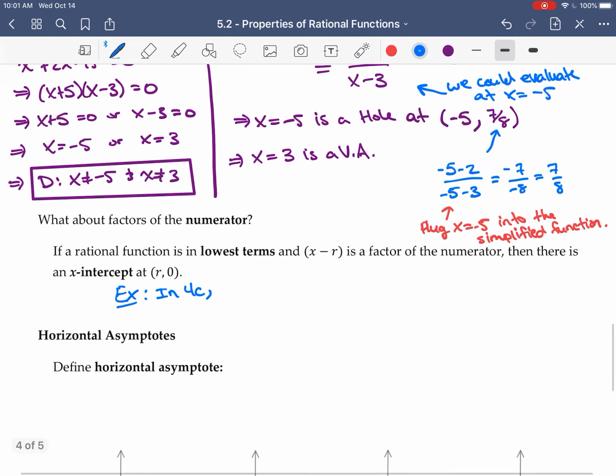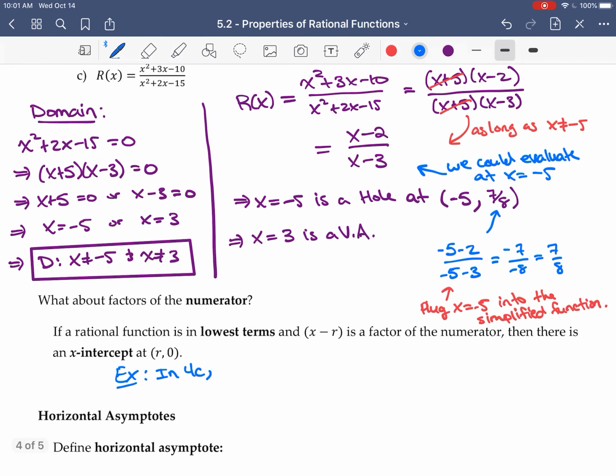Part C, okay, the simplified form is (x - 2)/(x - 3). So that means there's going to be an x-intercept at (2, 0), because x - 2 is a factor in the numerator.